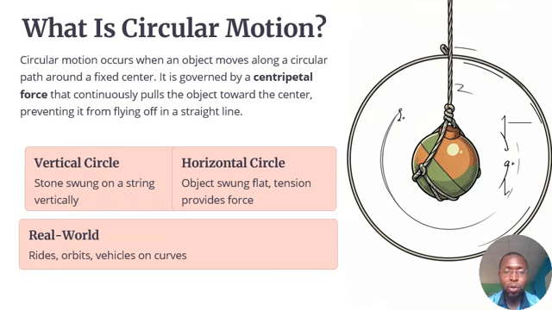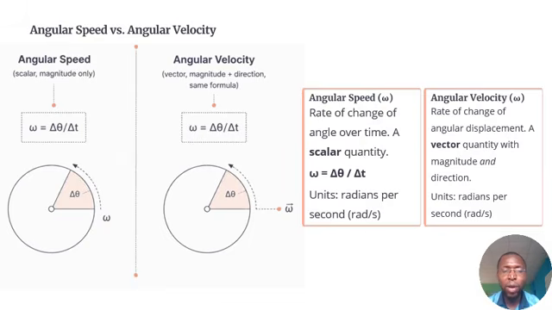All right. So let us now look at the terms that are involved in circular motion. We have the angular speed and we have the angular velocity. Sometimes these two terms are taken to be the same, or they are a little different. While angular velocity is a vector quantity, angular speed is a scalar quantity because that's only magnitude without direction.